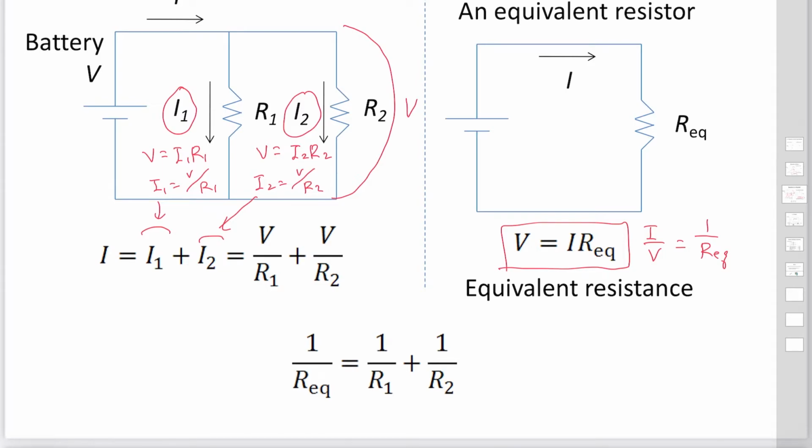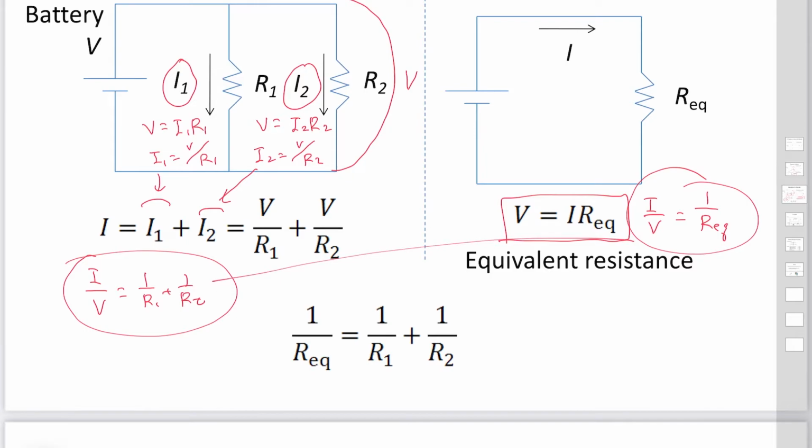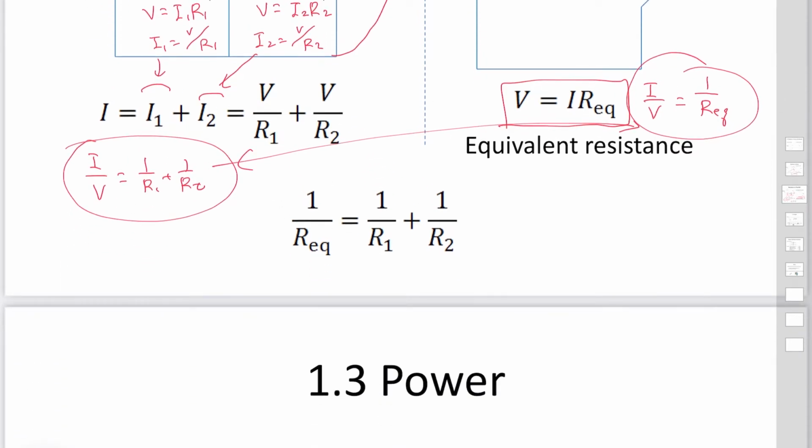Also, you can use this equation to find I over V, 1 over R sub 1 plus 1 over R sub 2. Then you could compare these two equations, and find out 1 over R sub equivalent is equal to 1 over R sub 1 plus 1 over R sub 2. This is the case of the resistors in parallel connections.